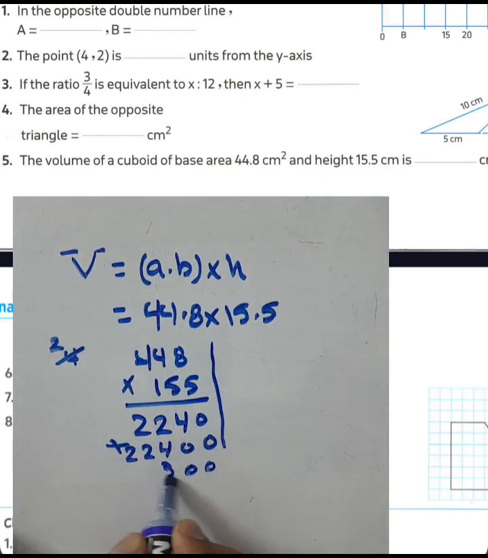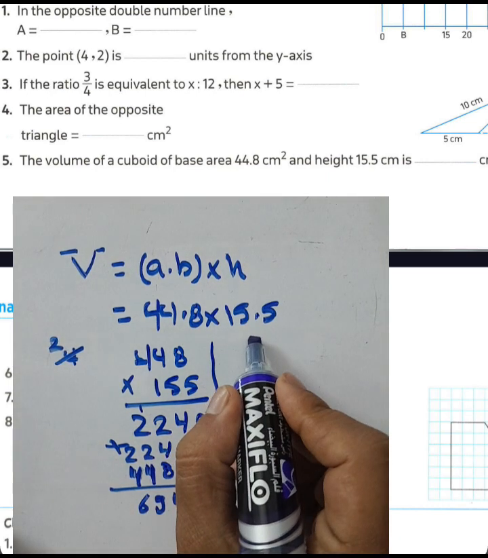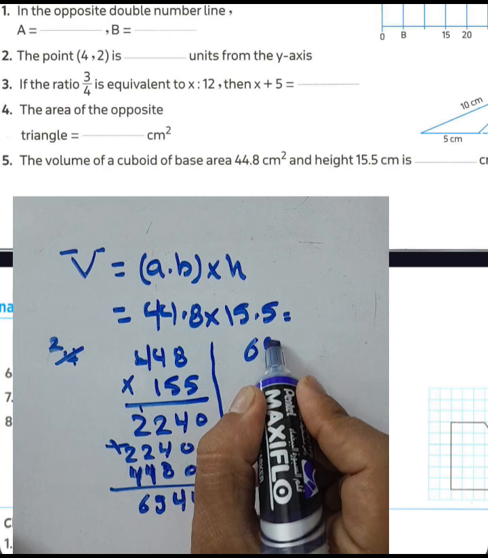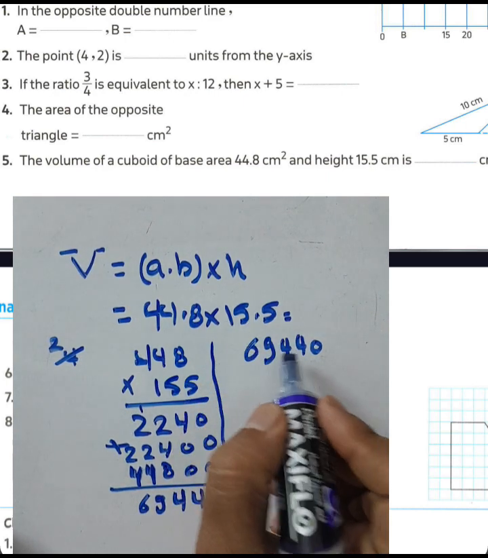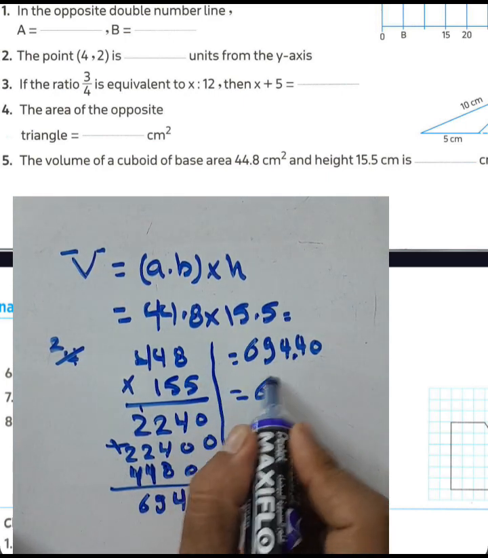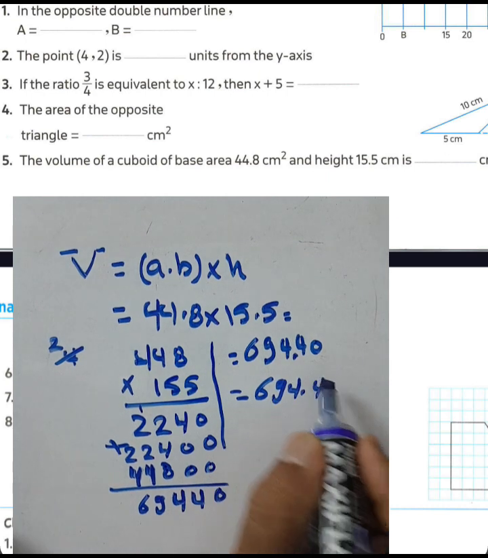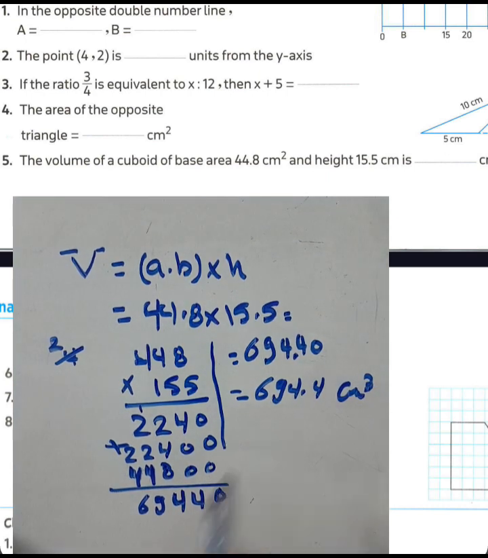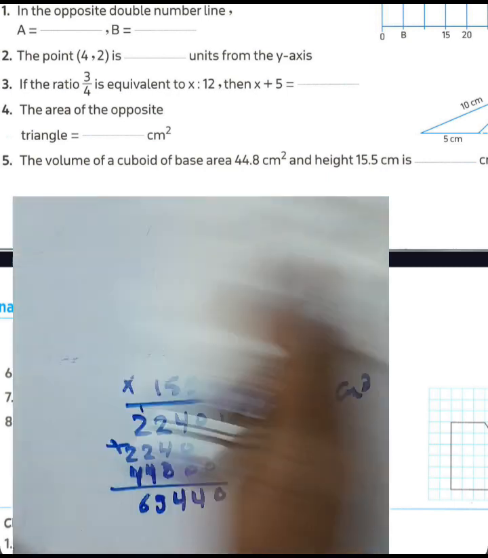Then 1 times 8, 1 times 4, 1 times 4. 0 here, 4, 2 plus 4 is 6, 6 plus 8 is 14, write 4 and carry 1, 3 plus 2 is 5, 5 plus 4 equals 9, 2 plus 4 equals 6. Then the volume will be 69440. The point will be after two places, and the result will be 694.4 cubic centimeters. 694 and 4/10 cubic centimeters. Okay.